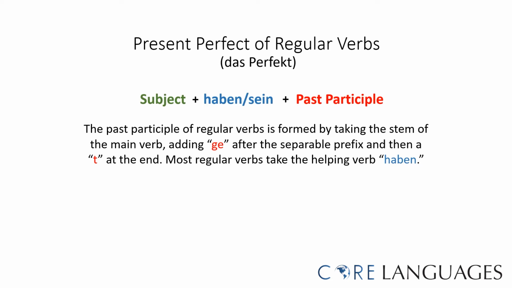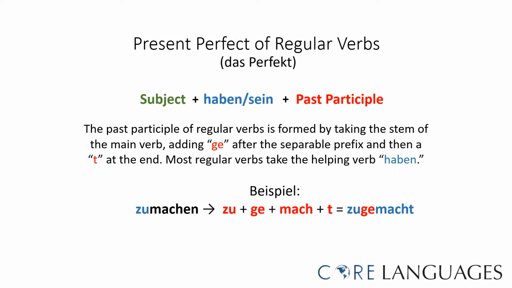Separable prefix verbs can be regular verbs, in which case the syllable ge is placed between the separable prefix and the stem. For example, zum Beispiel zumachen, to close or to shut.